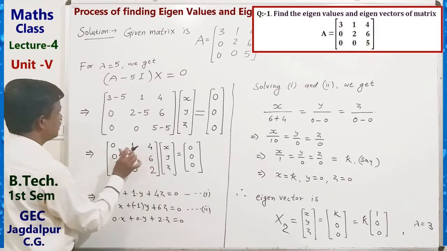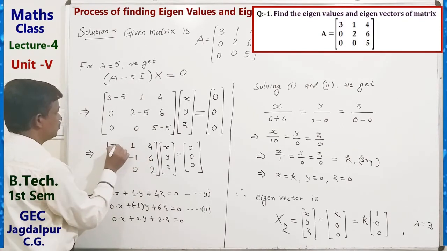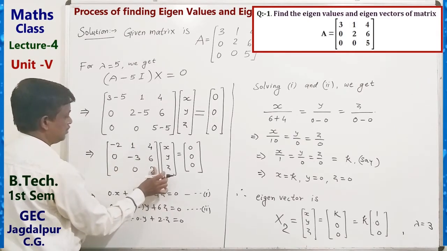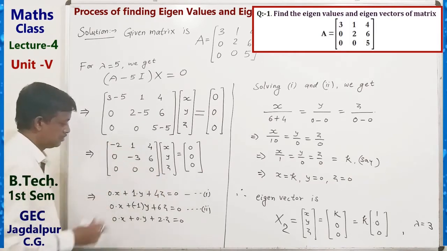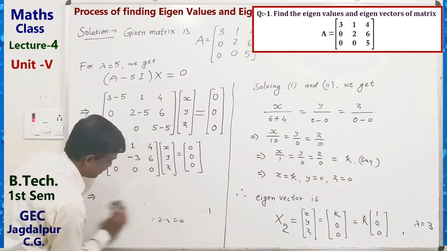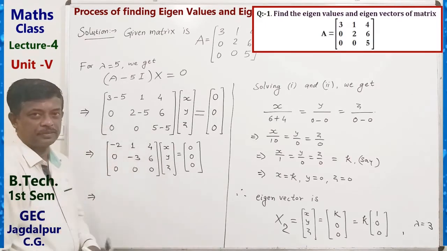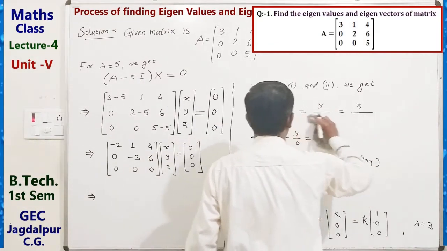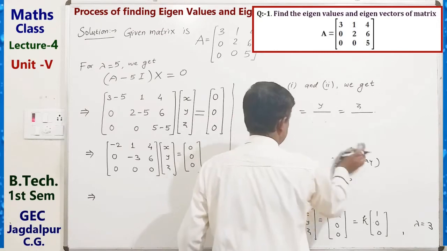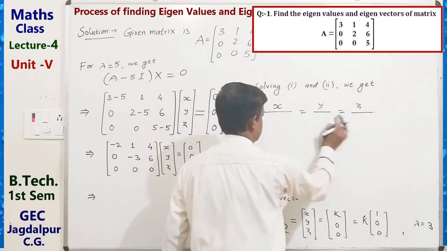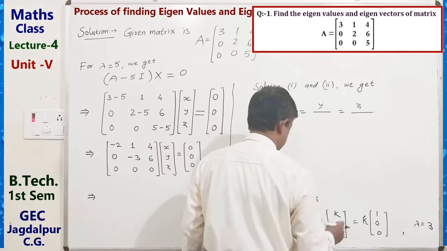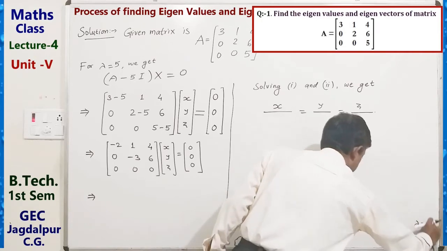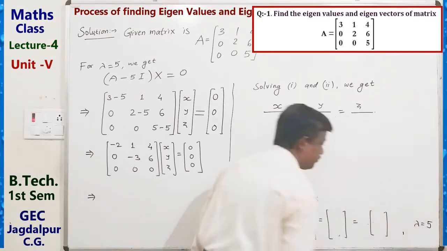Okay, so here minus 2, minus 3, okay, for lambda equals 5.